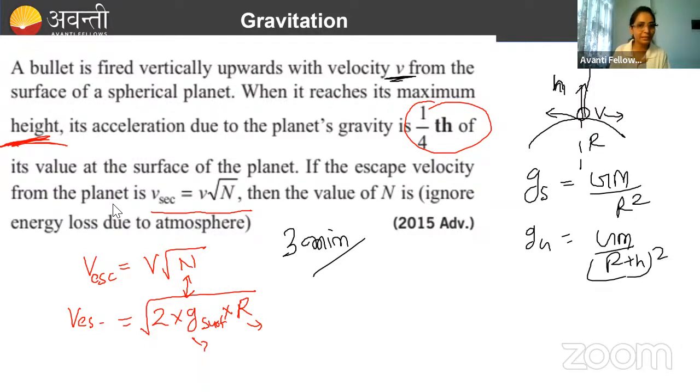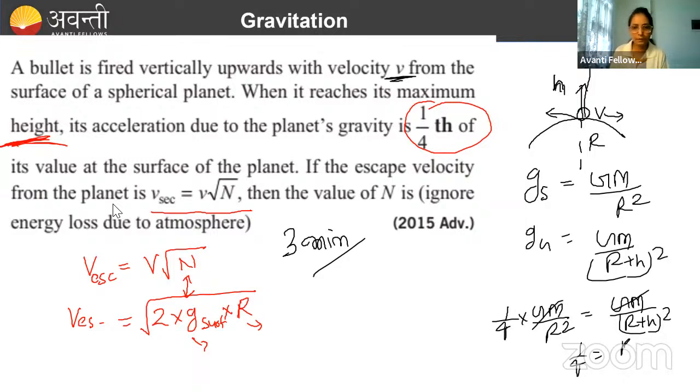And what is the relation given? At height h, acceleration due to gravity is 1/4 of that at the surface. So 1/4 into GM by R square is equal to GM by (R plus h) whole square. Now cancel GM from here, and 1/4 you will write as R by (R plus h) whole square.